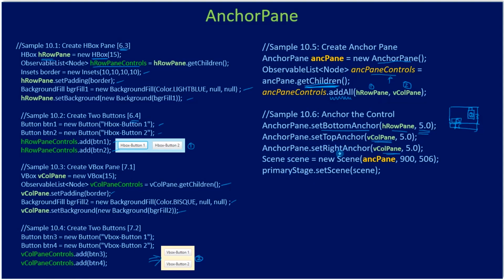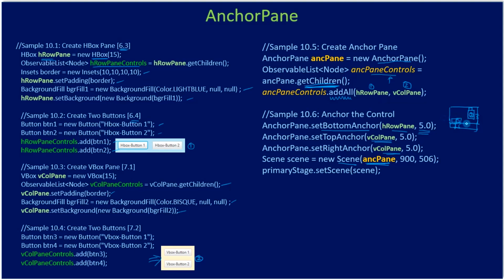Once all this is set, we are creating the scene. For the scene we are setting the AnchorPane. Now if you see, AnchorPane contains 2 panes. One is hrowPane and the other is vcolPane. hrowPane is an HBox and this one is a VBox, and they are anchored to the edges.